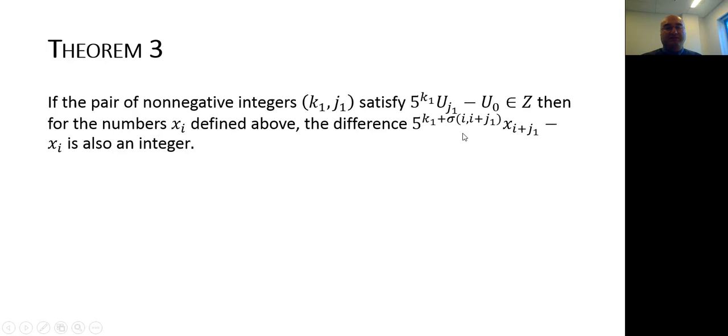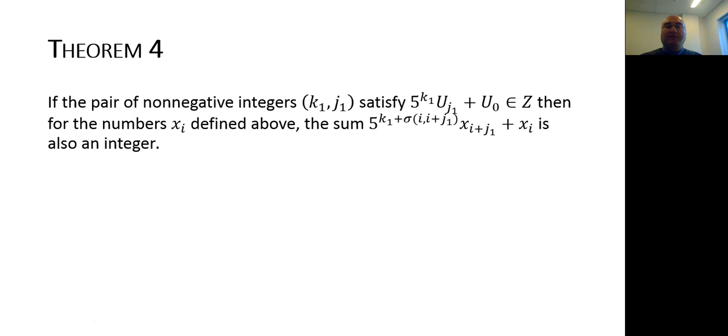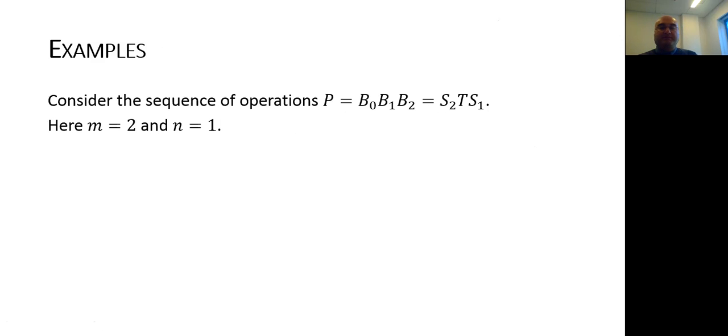Again, the numbers xi satisfy this property. And the last one, which is similar to the previous, the only difference is plus. Here it is also plus. So all these theorems say that although the numbers xi are rational numbers in general, in certain sums, in certain differences, they form an integer, which is surprising.